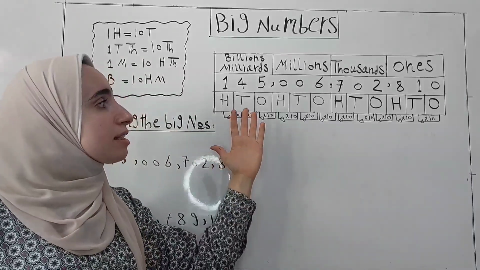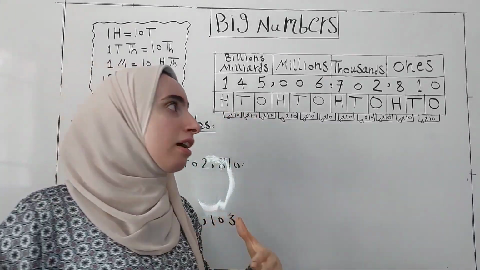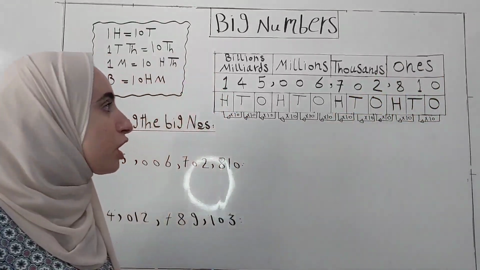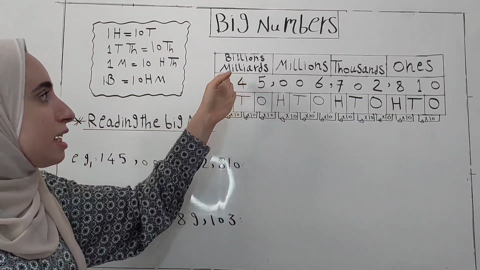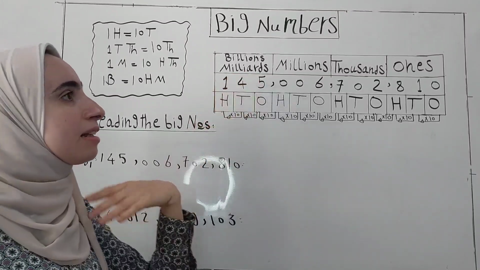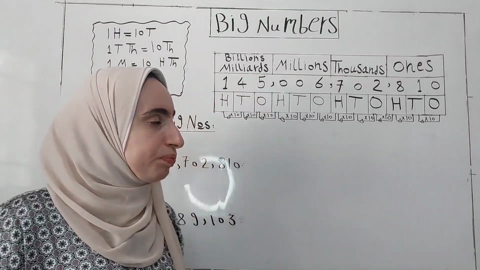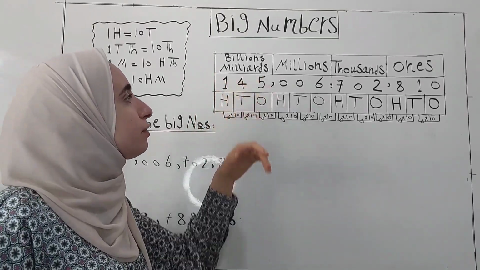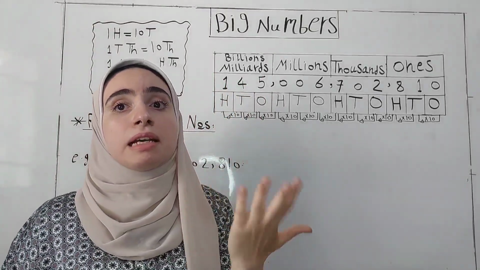How can we read this big number? We start from the left and go to the right. We read the number in the fourth family and say its name. So we read this number 145. Its name is milliard.